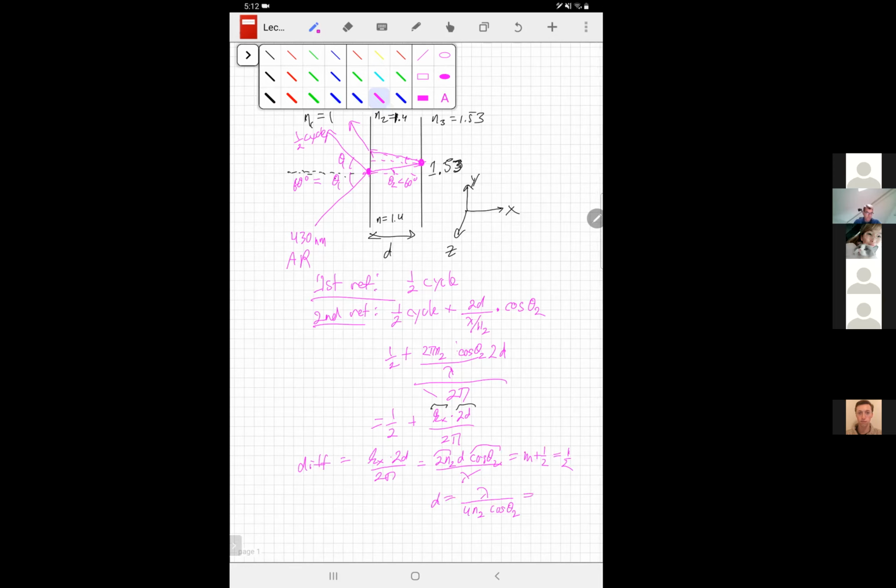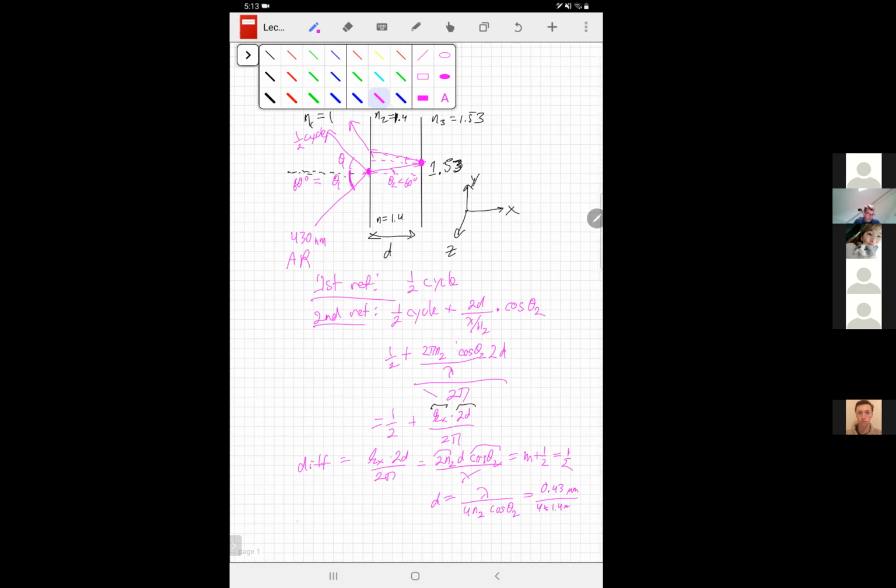or 0.43 microns over 4 times 1.4 times, let's see, is theta 2 60 degrees? No. Nope, because 60 degrees is the angle out here. That's the most common mistake I see when people solve problems involving this.